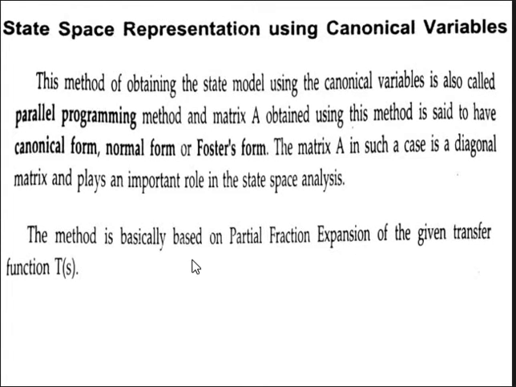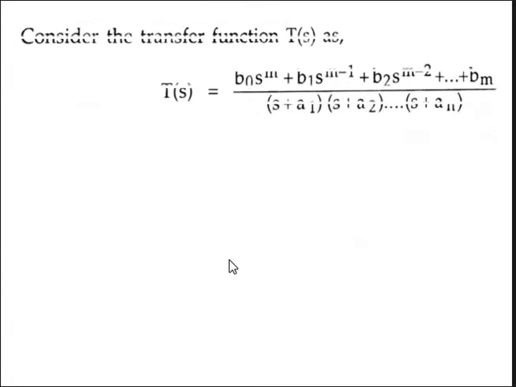That means the given transfer function T(s) can be split into partial fractions. Then we can draw the programming, that is, parallel programming. So consider the transfer function T(s) like this, with numerator and denominator like this.